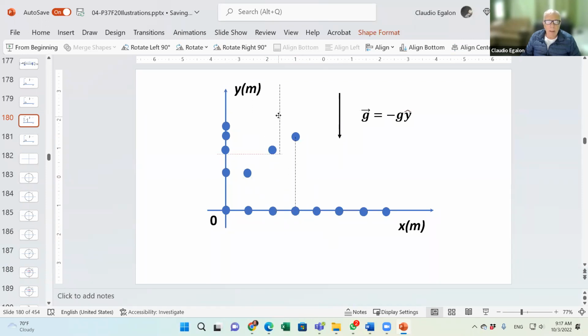Next one, and not only for the x position, but for the y position as well. 1, 2, 3, 1, 2, 3, right? T1, T2, T3, T1, T2, T3. We have this other one right in here, and so on.